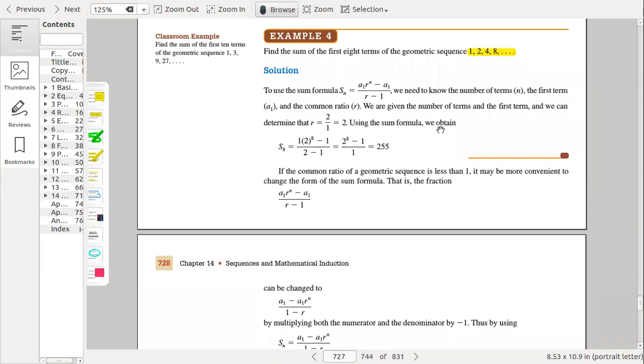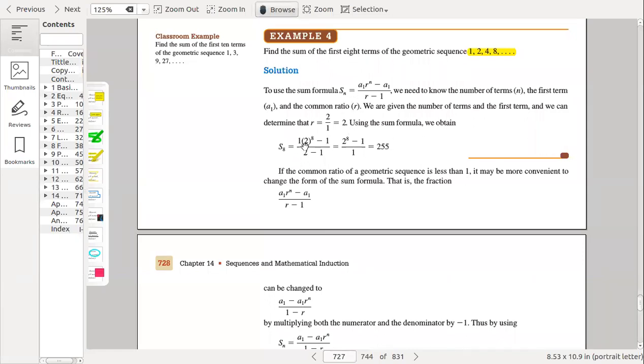Using the sum formula, we obtain S8 is equal to, so this is the sum formula. S8 is equal to a1, the first term, r, the common ratio. Okay, so n is equal to 8 because you are actually adding the 8 terms.